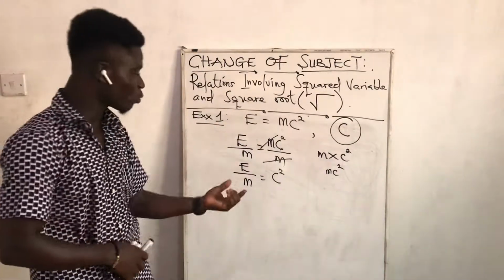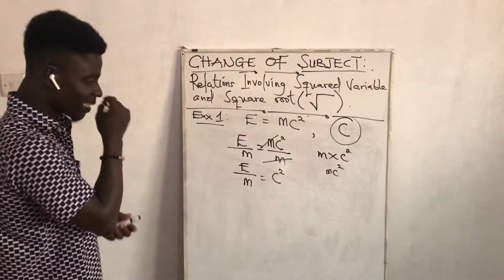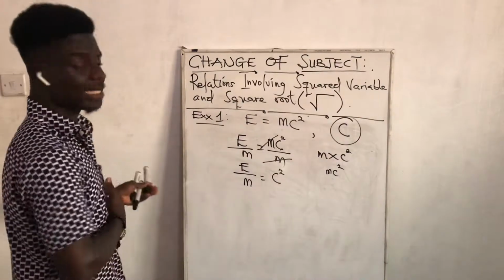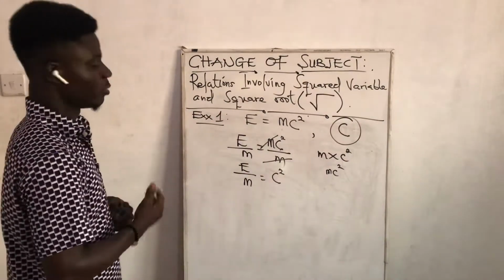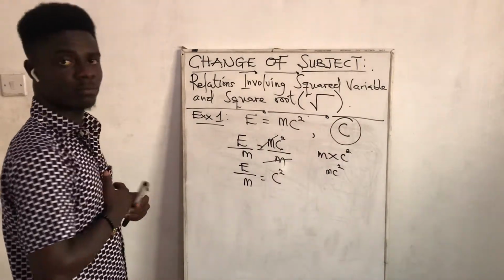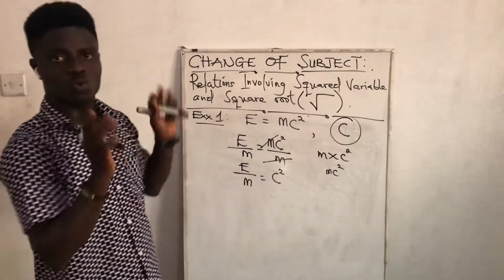Now we want c, but not c squared. So what do you have to do here? You have to take the square root, as I said earlier on. Take the square root of both sides, for this 2 to go away.